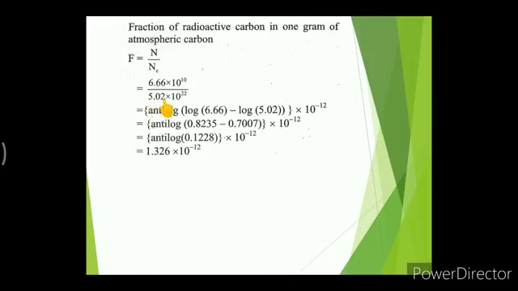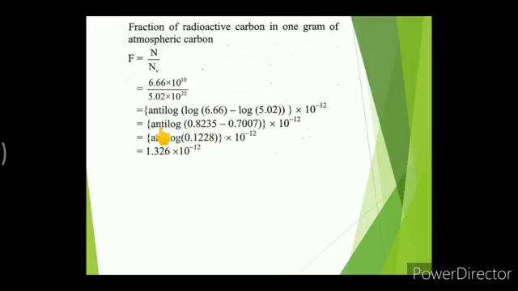The formula log A upon B is nothing but log A minus log B, so it is to be written as anti-log of log 6.66 minus log 5.02, and out of the bracket we write 10 raised to minus 12, which we keep as it is. Let's write down the values of log 6.66 and log 5.02, and do the subtraction of these two values.